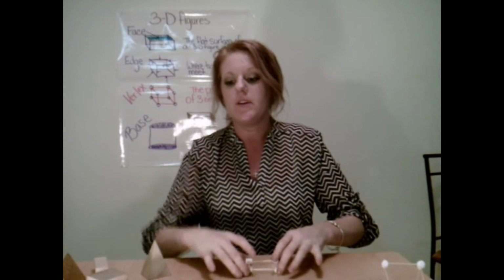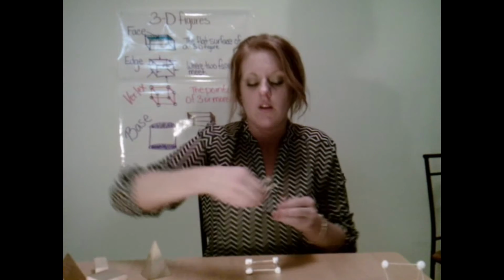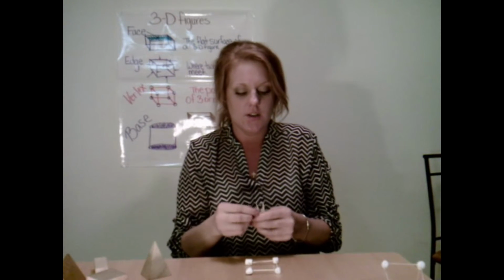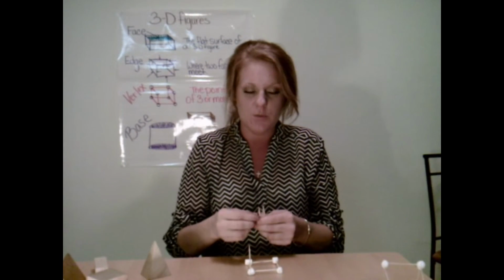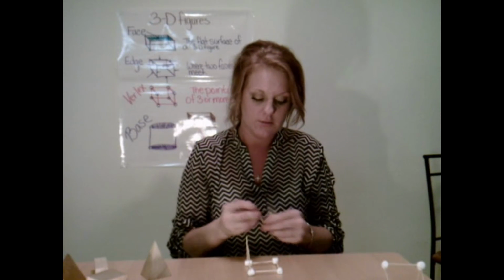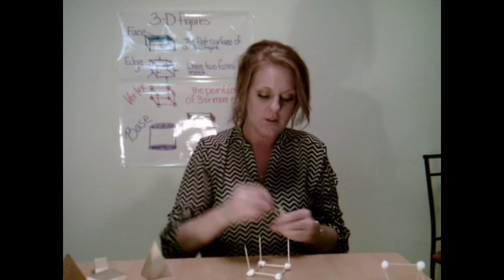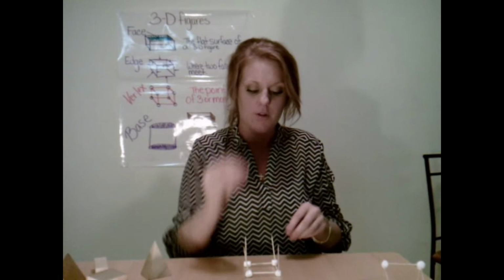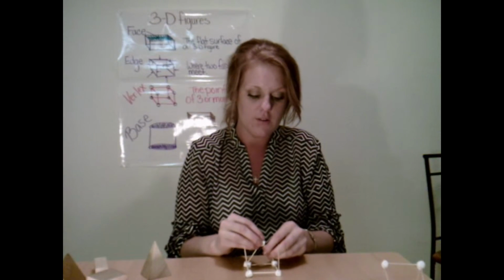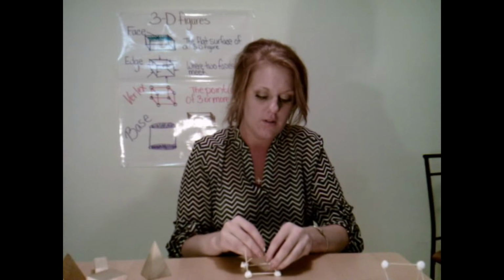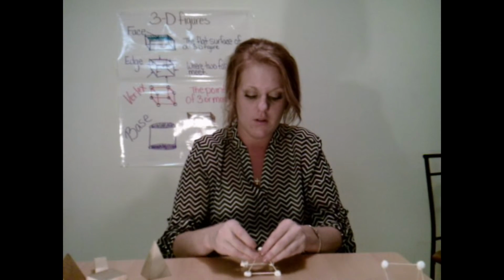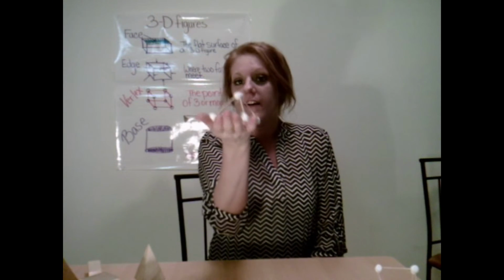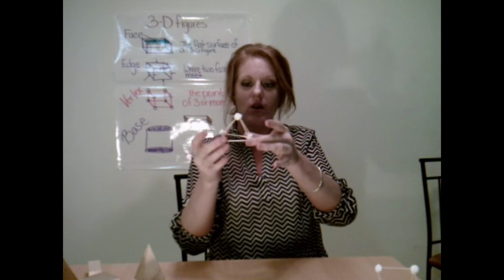Now this is a little bit different. We're going to connect them all in the center. So let's just stick the toothpicks in the outer edge, and get 1 marshmallow for the point, and bring all of them together. Now we have our square pyramid, because we have a square at the bottom and they all join at the top.